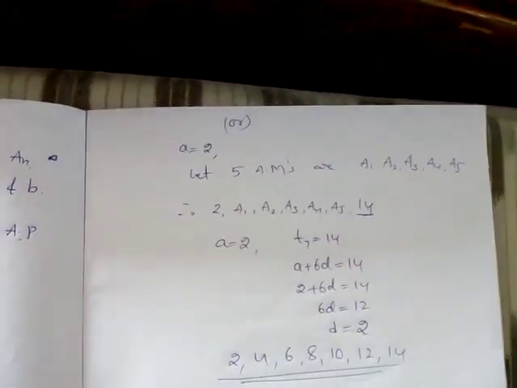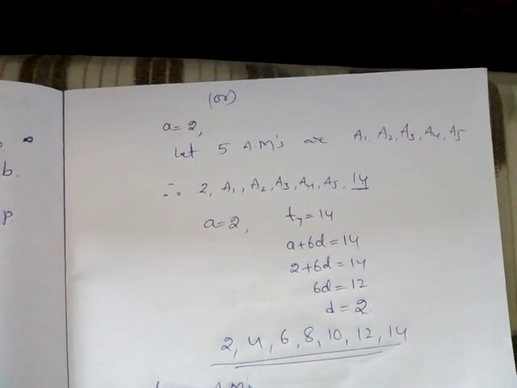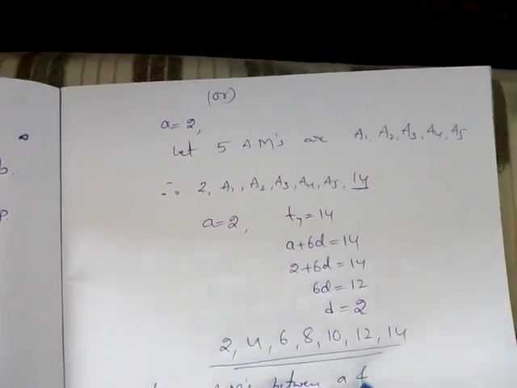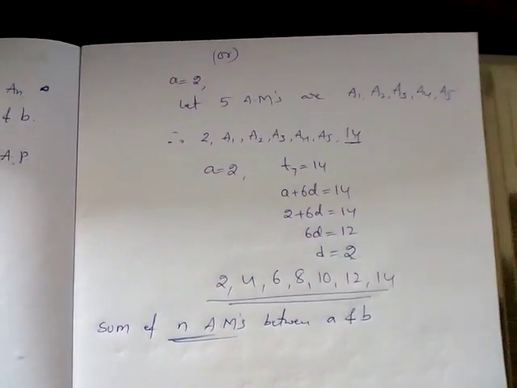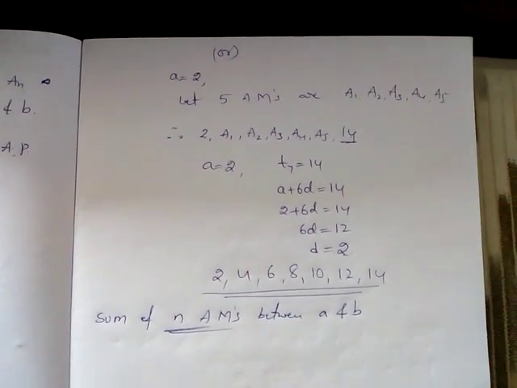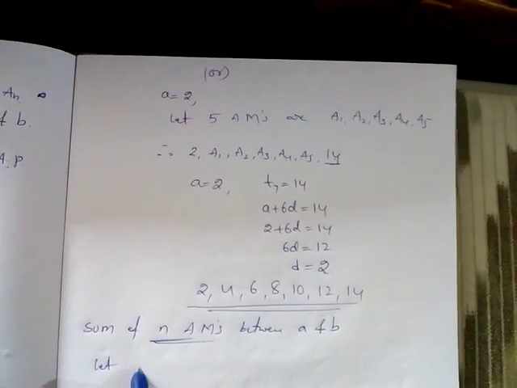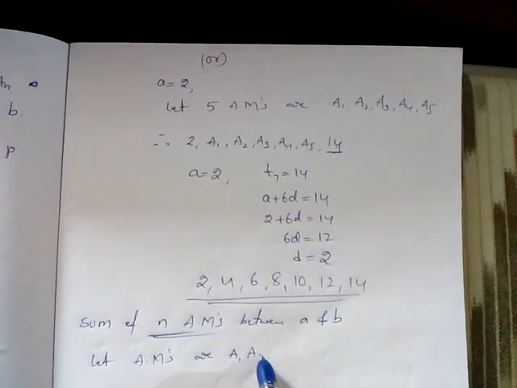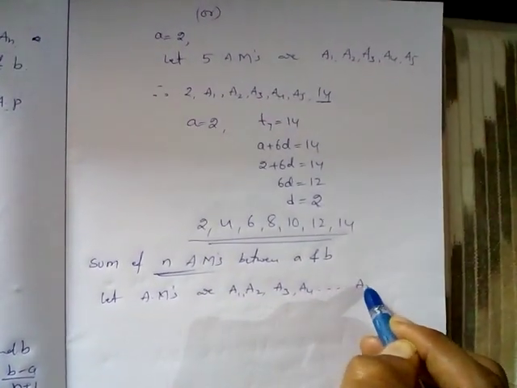Next one, the sum of n arithmetic means between a and b. Okay, let the arithmetic means be a1, a2, a3, a4, and so on up to an.